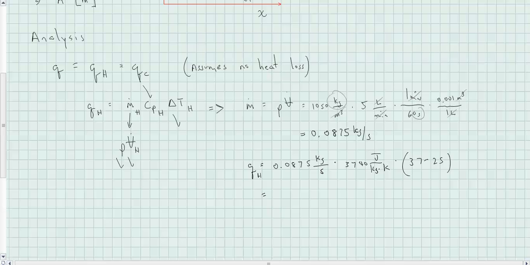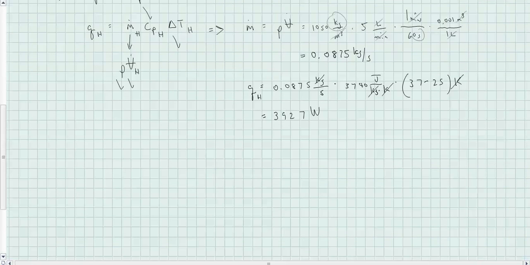So what can we say now? This is equal to almost 4 kilowatts. And you can see how the units cancel. The Kelvin is canceled, kilograms canceled, and now we have joules per second, which is watts. Alright, so we're on our way.